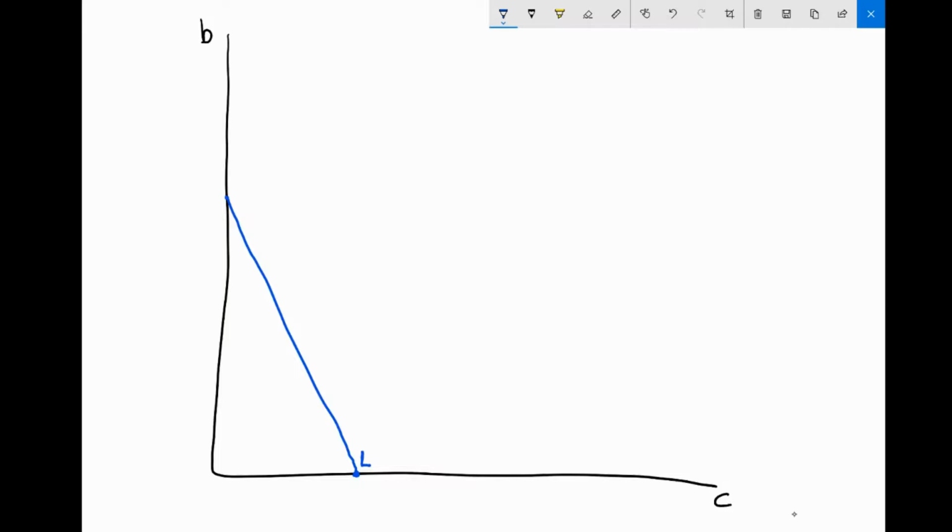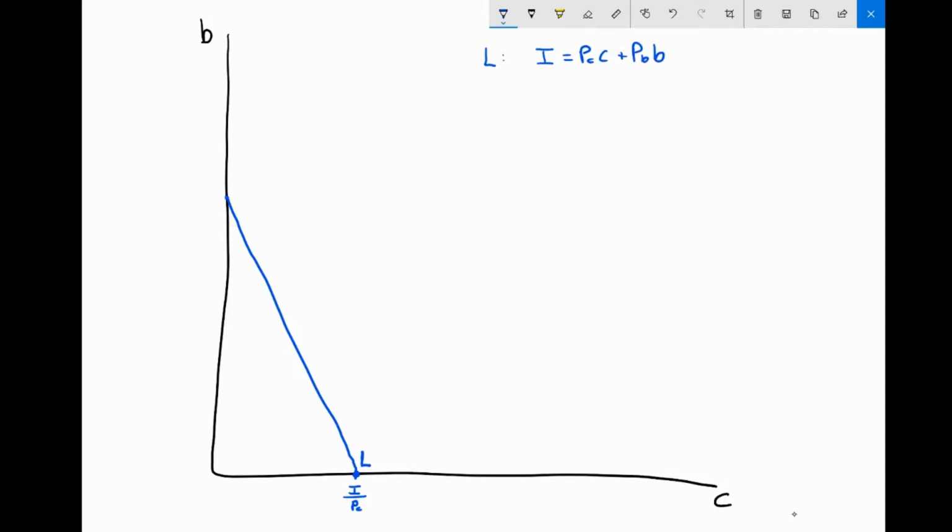I'm going to be very careful to label certain things. The budget line L intersects the x-axis at income divided by the price of coffee. Budget line L corresponds to income equals the price of coffee times coffee plus the price of bagels times bagels.